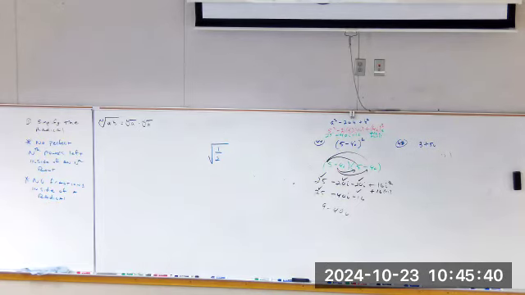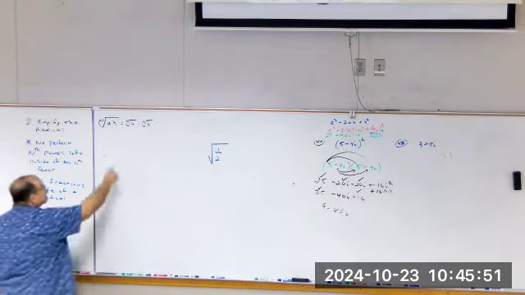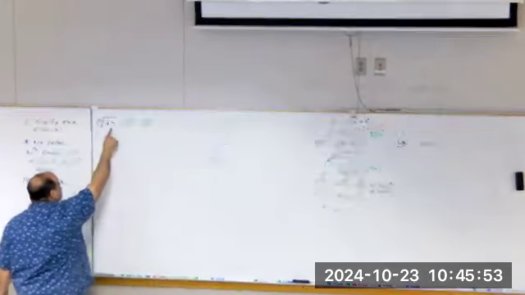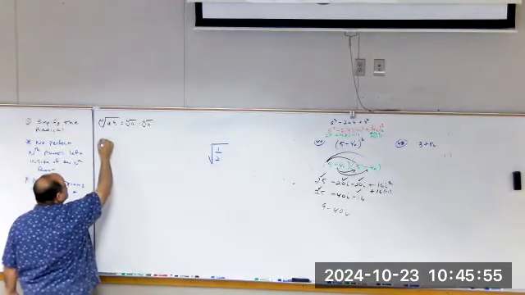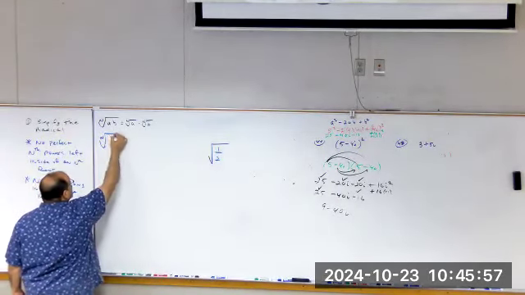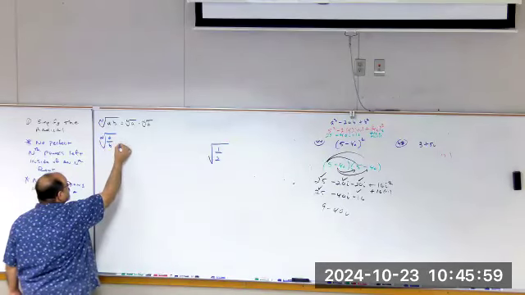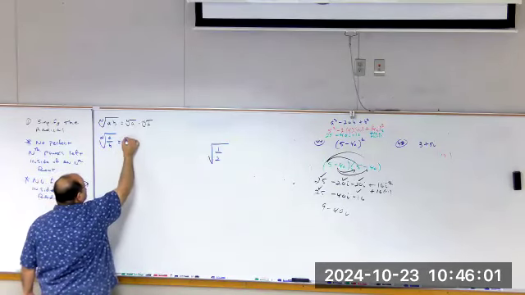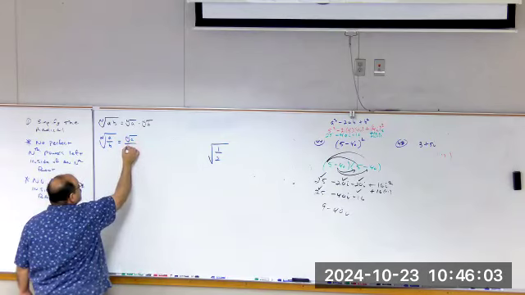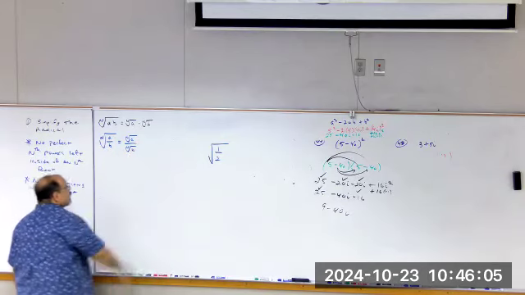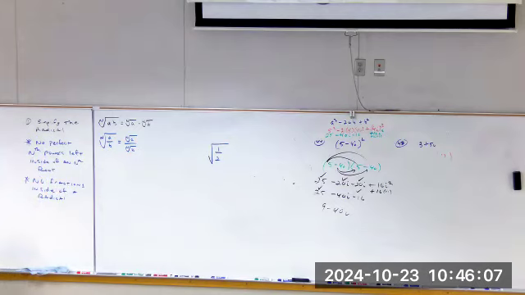Any kind of radical: nth root, square root, cube root, fourth root, any kind of radical. So we have a problem, and we have a method for this. I have the square root of 1/2 on the inside. The rule for a fraction: we have the product rule. For a fraction, the nth root of A over B is just the nth root of A over the nth root of B. You can split it up.